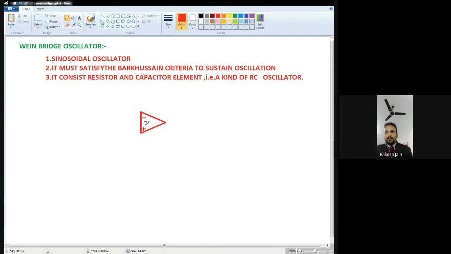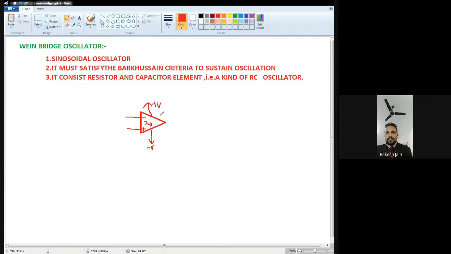We know that 741 is an IC known as the operational amplifier IC, in which pin number 2 behaves as an inverting input and pin number 3 behaves as a non-inverting input. Pin number 7 is the positive supply, and terminal number 4 is for the negative supply.